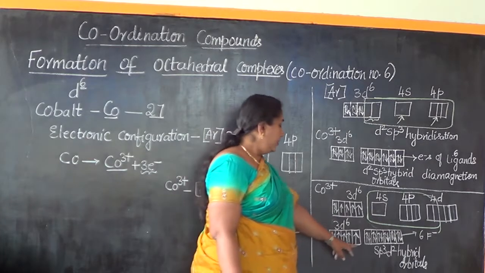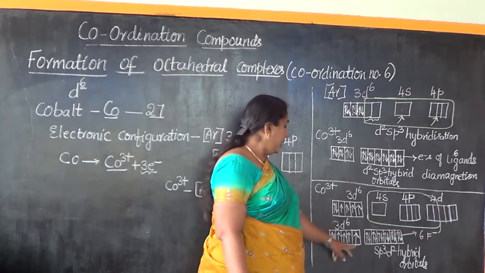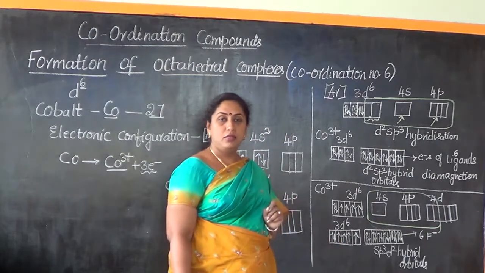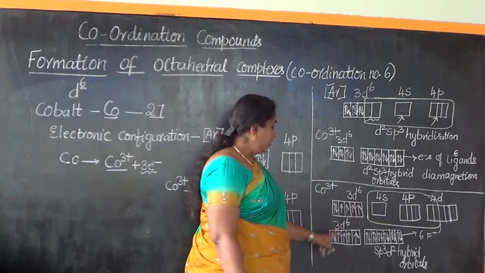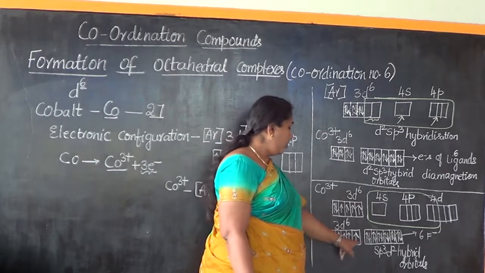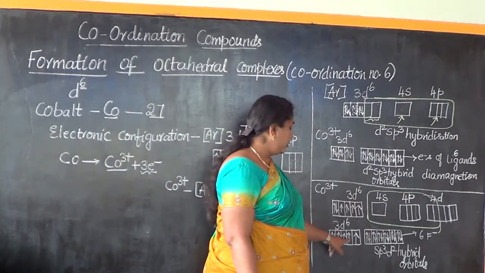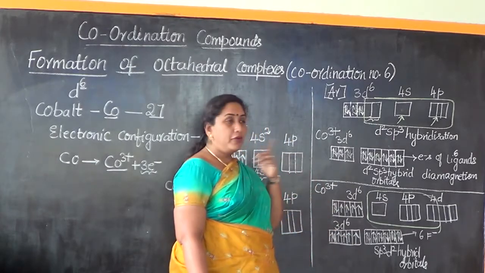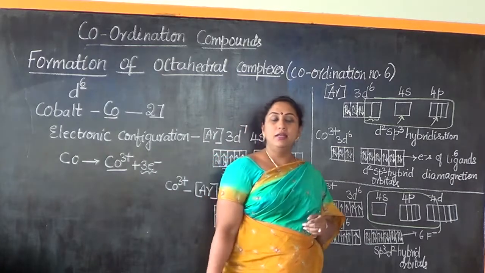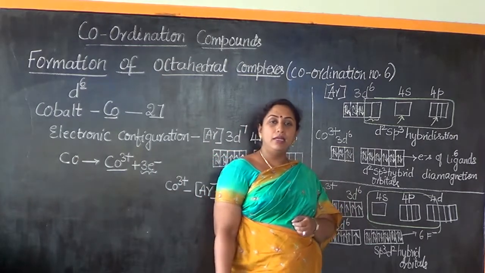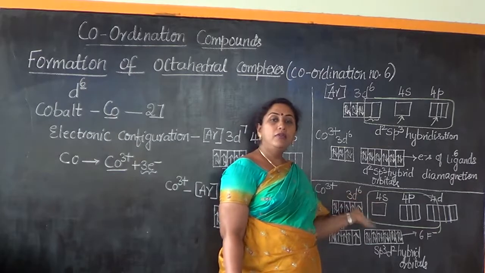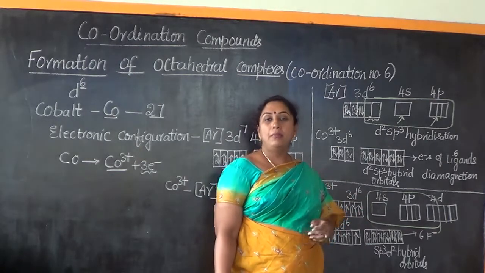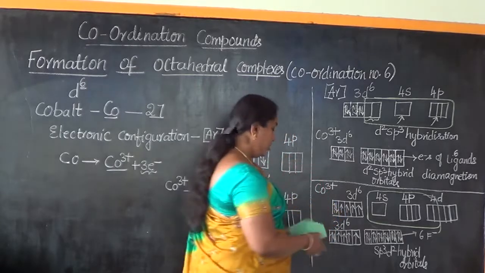We see that the 3d orbitals contain 4 unpaired electrons. I repeat, these 3d orbitals contain 1, 2, 3, 4 unpaired electrons. Even if one unpaired electron is present, it will exhibit paramagnetic property. Here we observe paramagnetic property to the extent of 4 unpaired electrons.